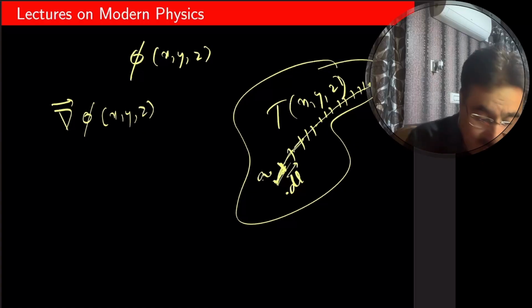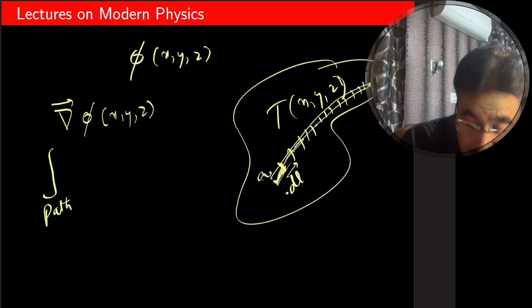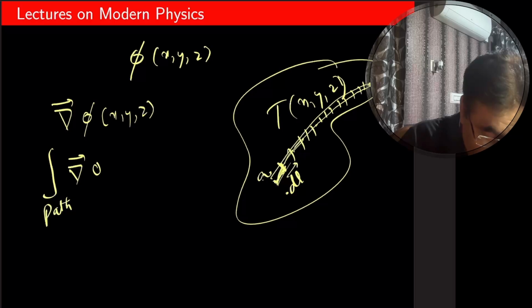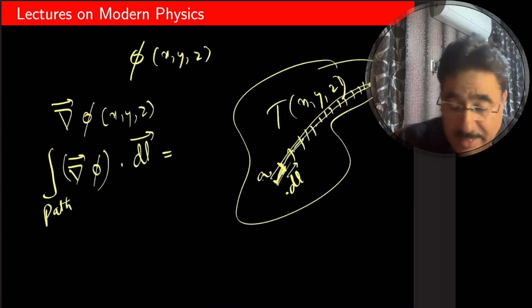So I write the integral over this path which I have chosen, of del phi dotted with dl.